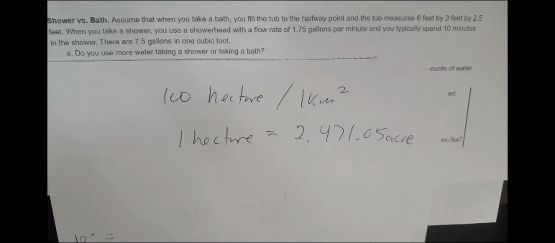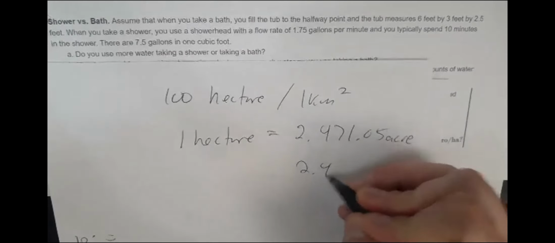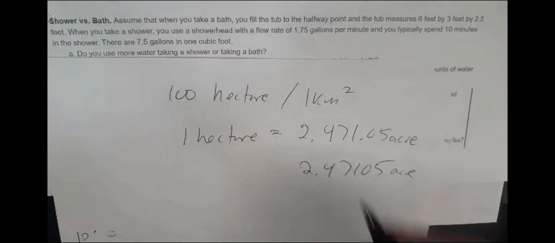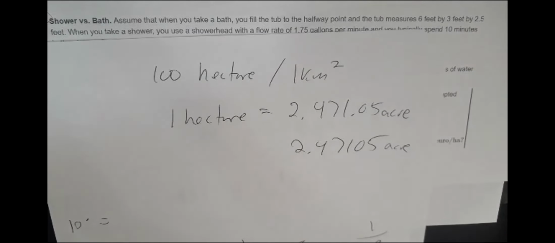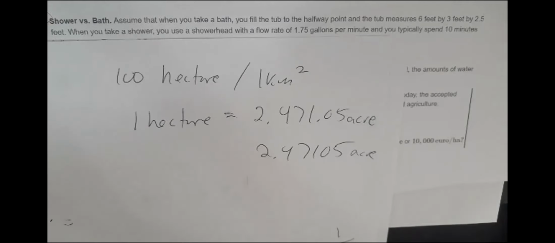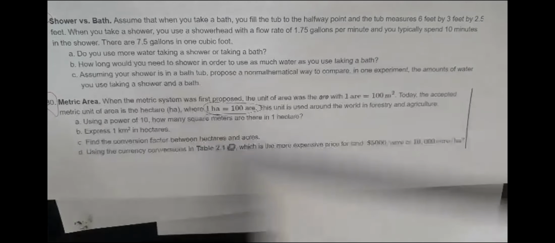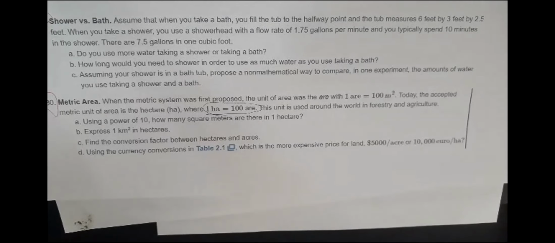It looks like I got two decimals in there, but it's only one. Sorry. So that's the thing they want you to look up, so that we can do this conversion.